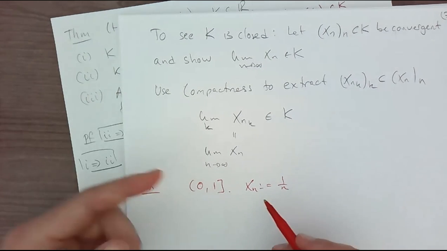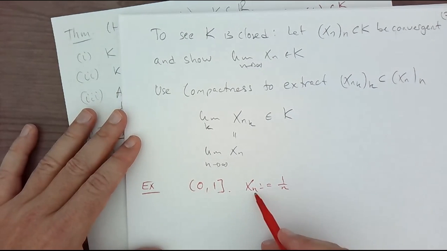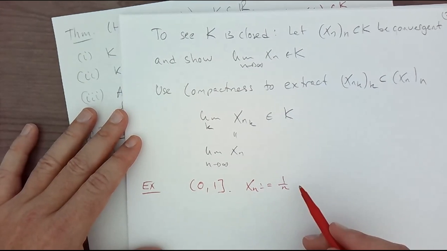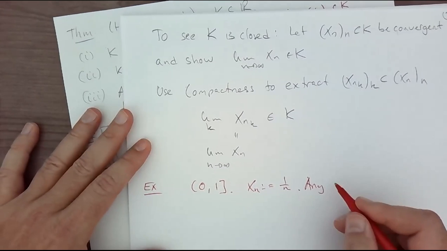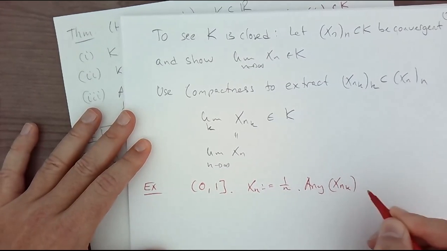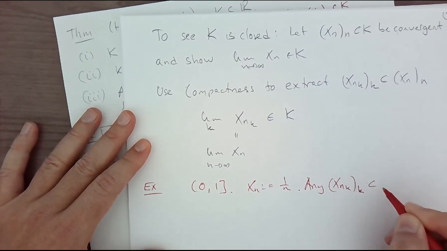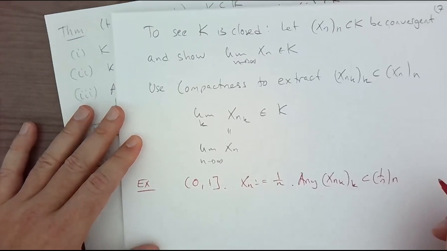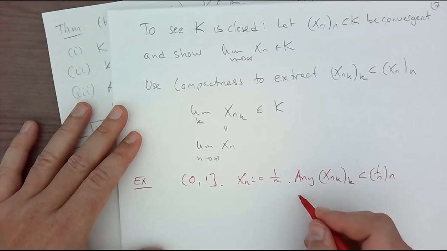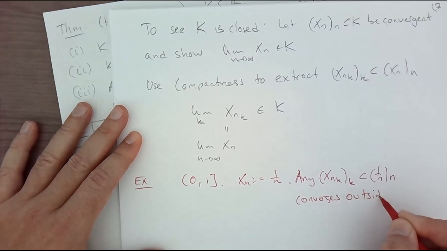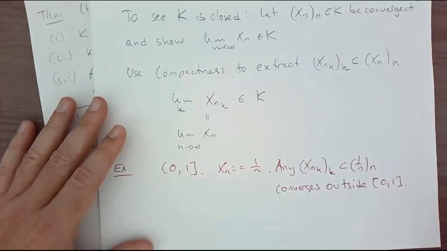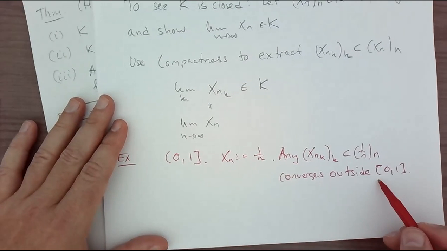So therefore, any subsequence of this is going to converge to the same point, namely 0. But any subsequence xnk being inside this 1 over n converges outside K, outside this open interval. It converges to 0.